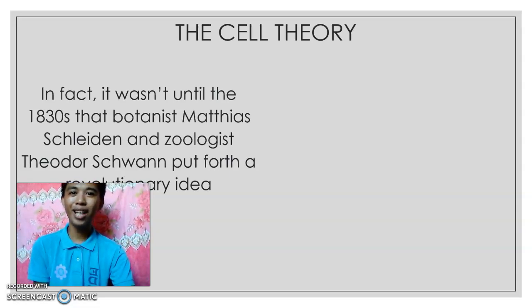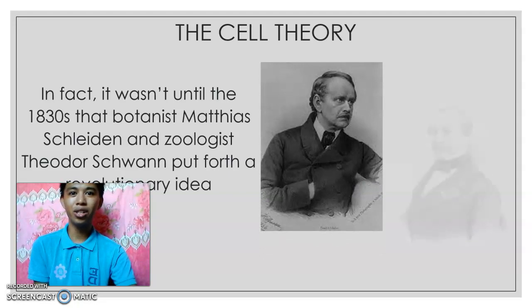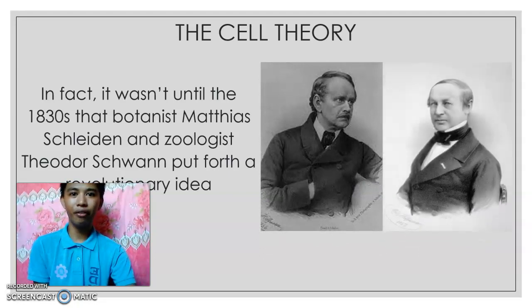In fact, it wasn't until the 1830s that botanist Matthias Schleiden and zoologist Theodor Schwann put forth the revolutionary idea that all different parts of plants and animals are made out of cells, and that cells can be produced from other cells.